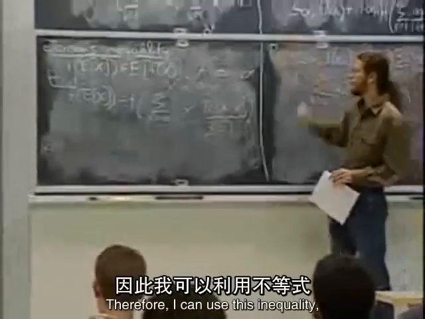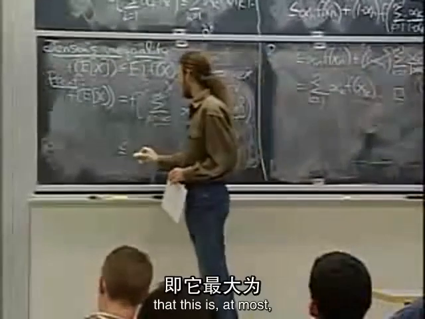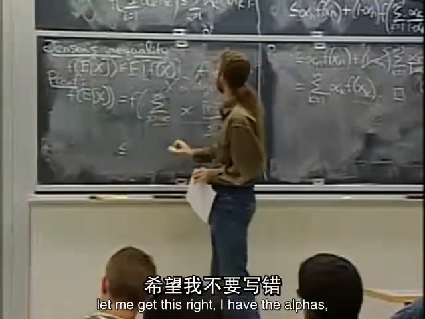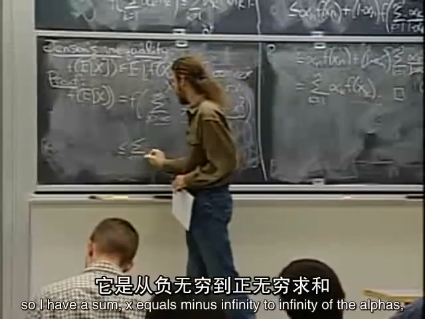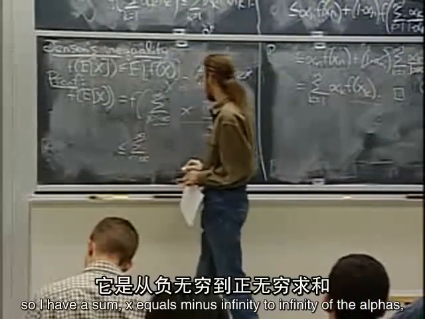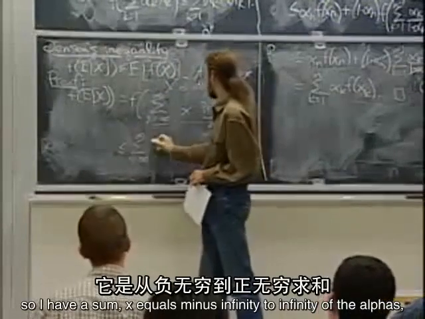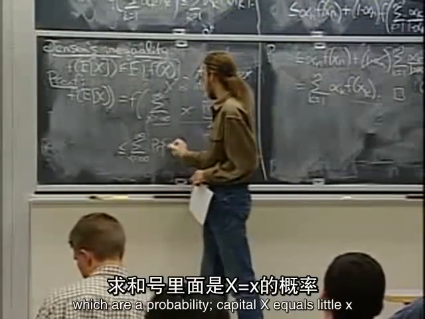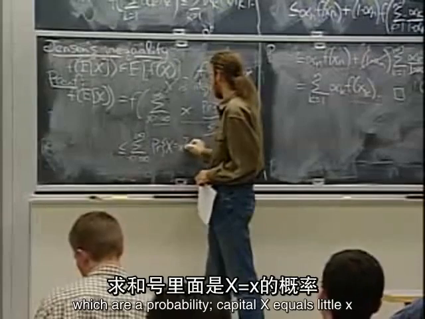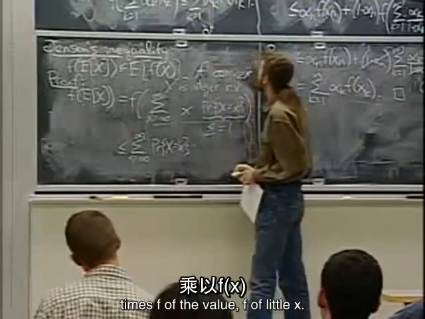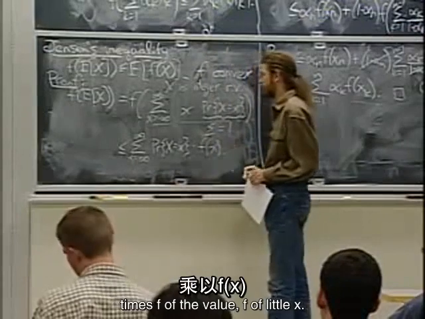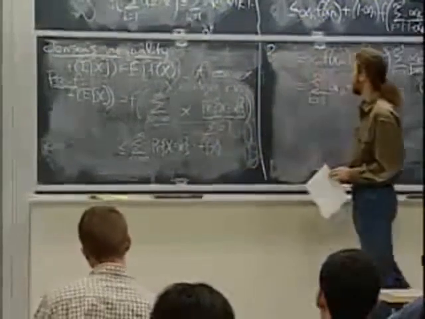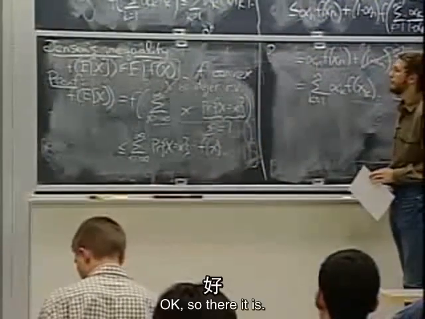Therefore, I can use this inequality, that this is at most, let me get this right, a sum, x equals minus infinity to infinity, of the alphas, which are the probability capital X equals little x, times f of the value, f of little x. Okay, so there it is.